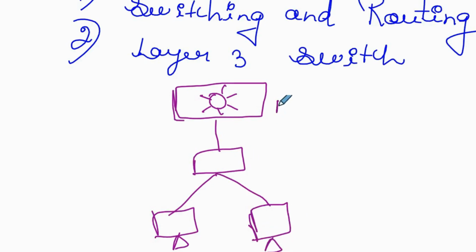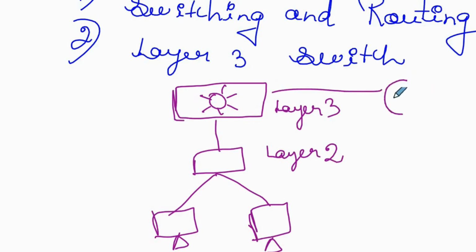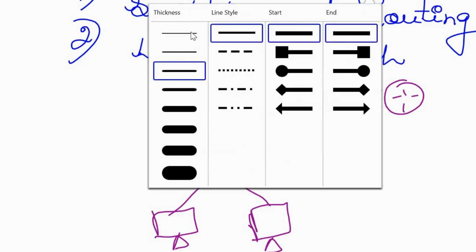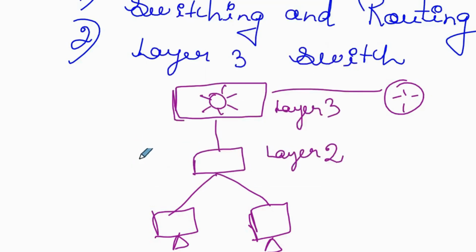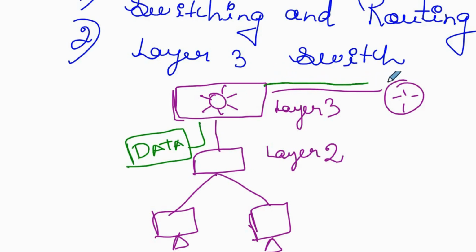In case there is a router here and the packet data is arriving here, it doesn't need to send the packet there.